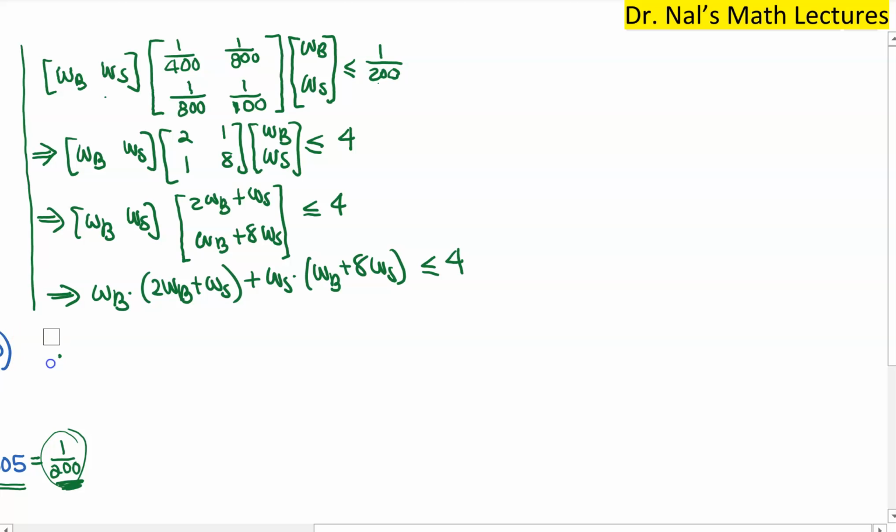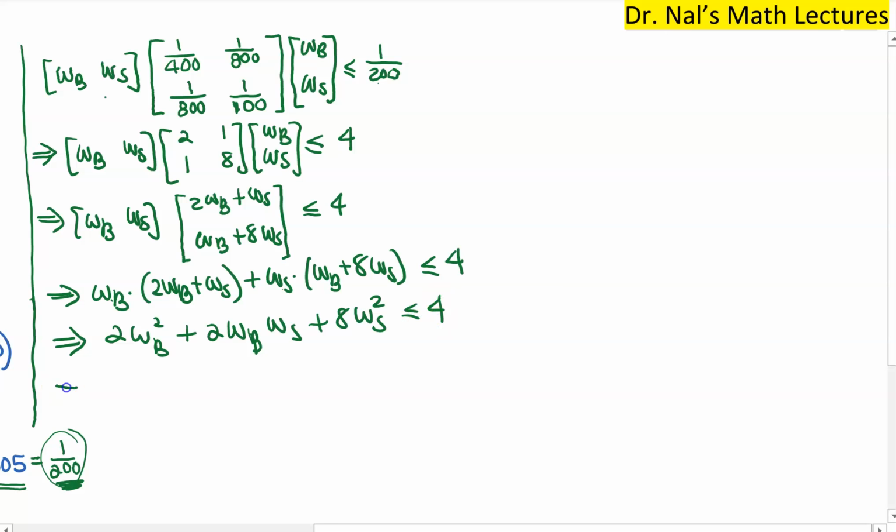When you bundle the like terms together, we have 2WB squared, we have WBWS here and WBWS, so 2WBWS, and then we have 8WS squared, less than or equal to 4.